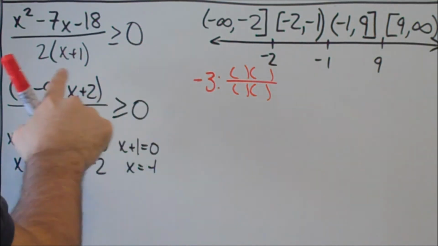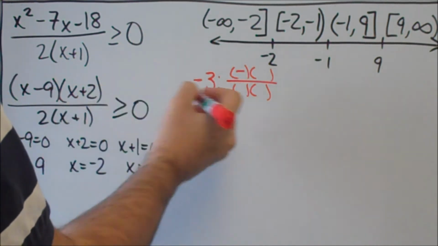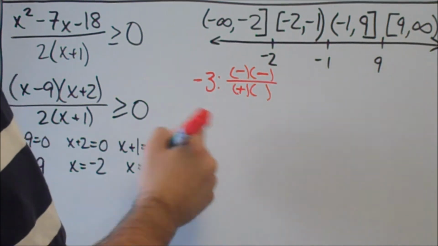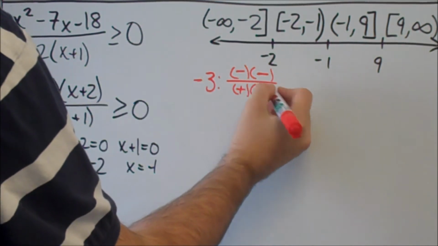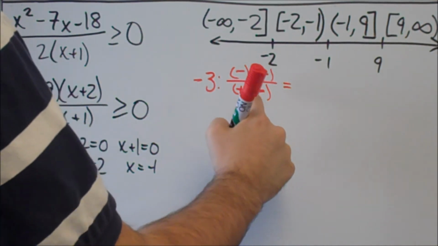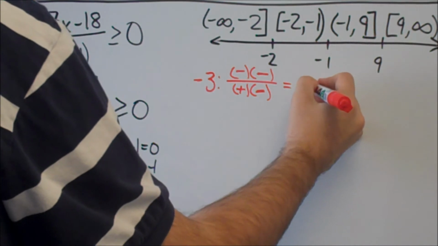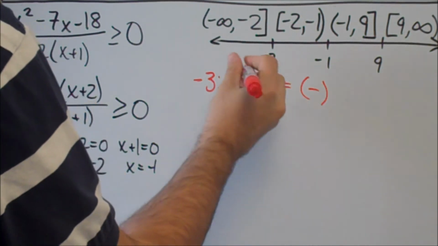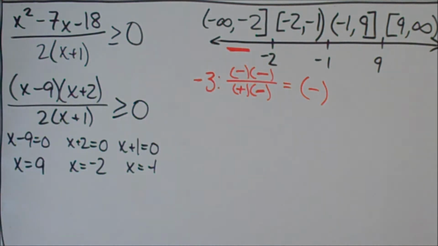If we plug negative 3 in for x, this term is negative, this term is negative, 2 is always positive, and x plus 1 gives a negative. So there's an odd number of negative signs, so it's going to be negative. So this whole interval is negative.